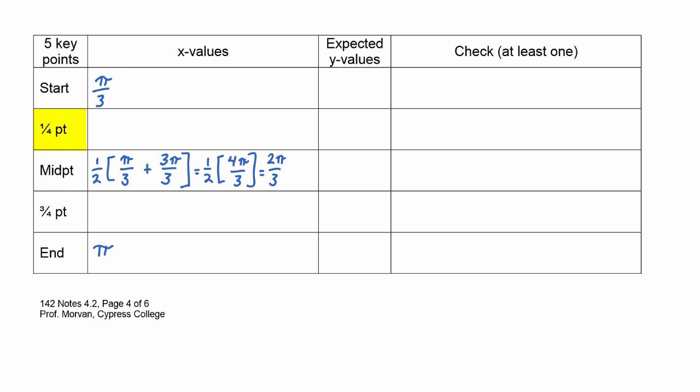Next, we have to find the quarter point, so we find the average of the start and the mid, which means add them up and divide by 2. I like to multiply by 1/2 instead. So we have half of pi over 3 plus 2 pi over 3.